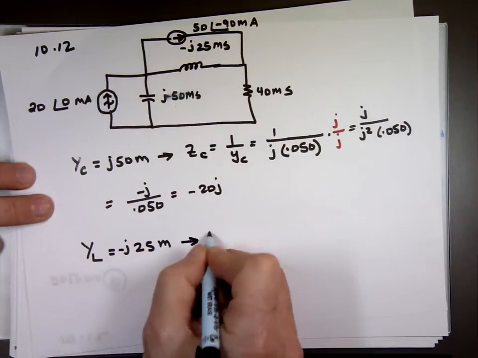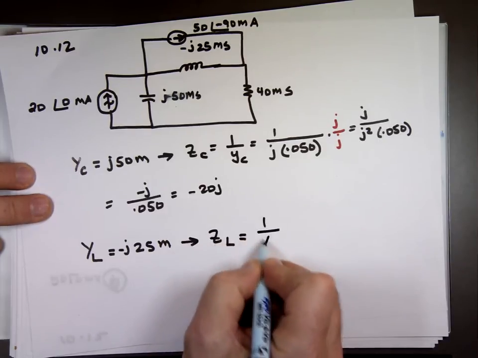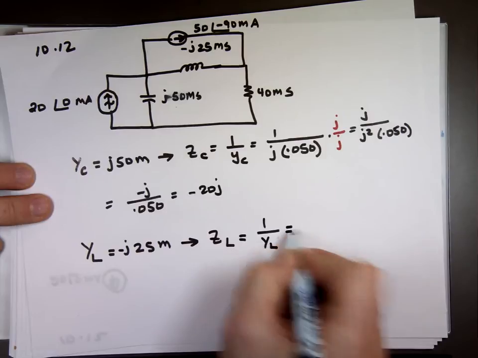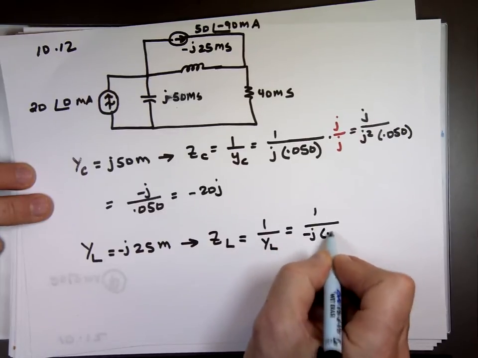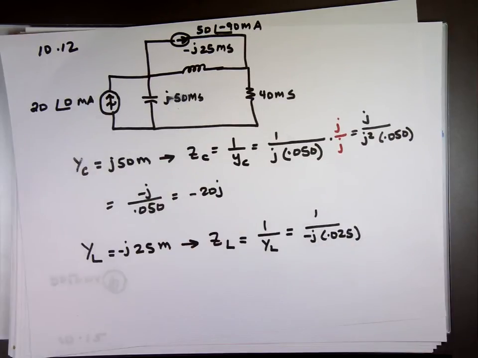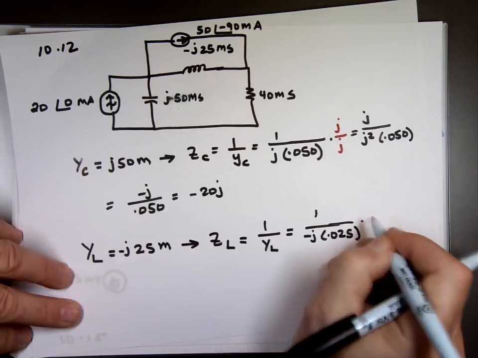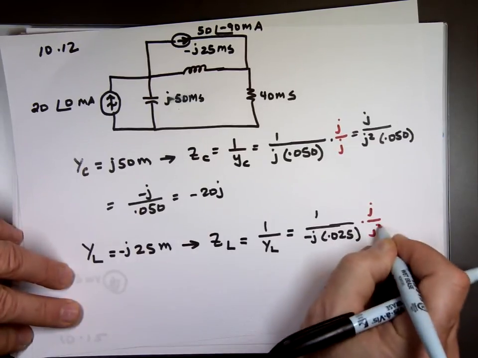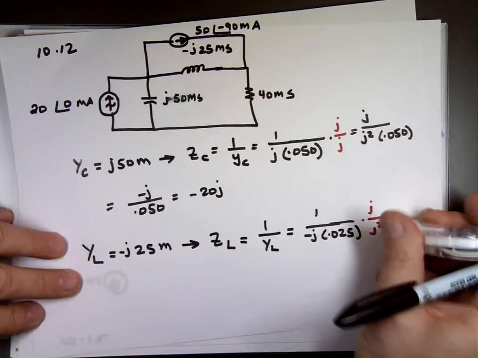So z for the inductor has to be 1 over y of the inductor, which is 1 over negative j 25 milli, which is 0.025. I knew it was going to be negative because the value has to be positive at the end. So I'm going to multiply the top and the bottom by j. Oh, j, not j squared. It's going to end up being j squared.